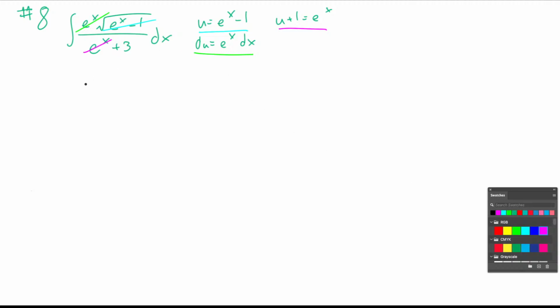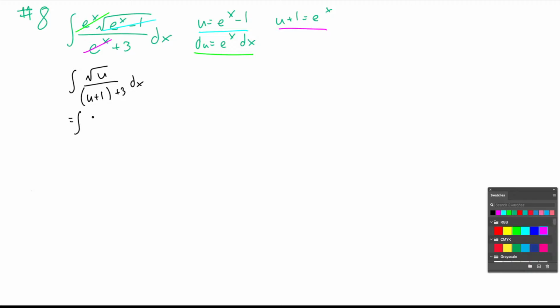So what we get is the integral of, remember this, the green, this thing takes this out. So what we're left with is the square root of u over u plus 1 plus 3 dx.